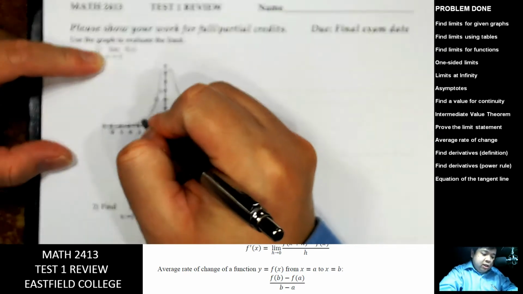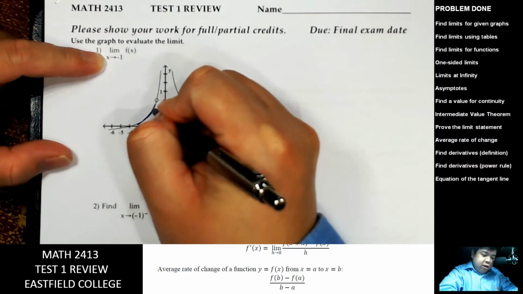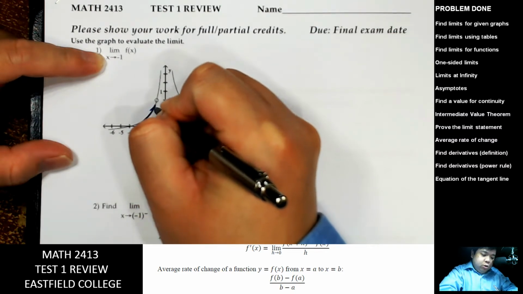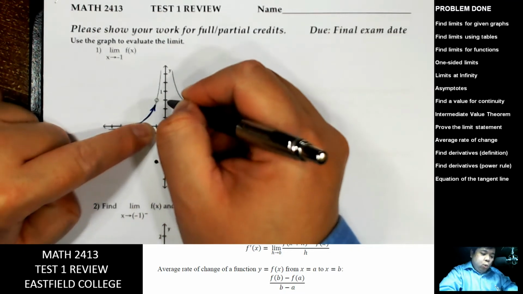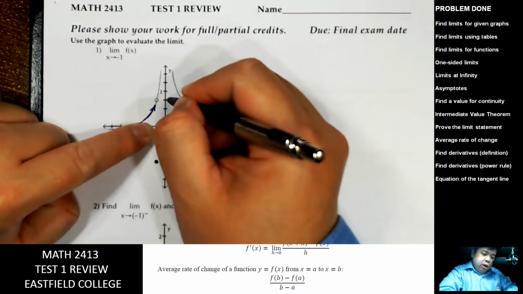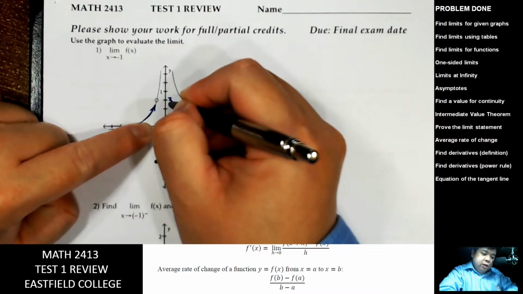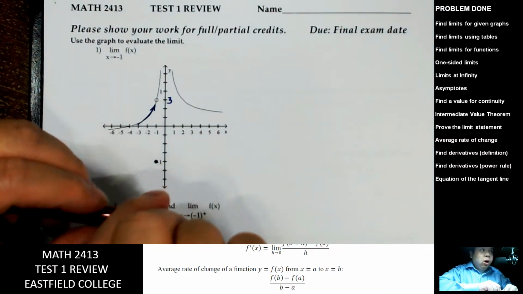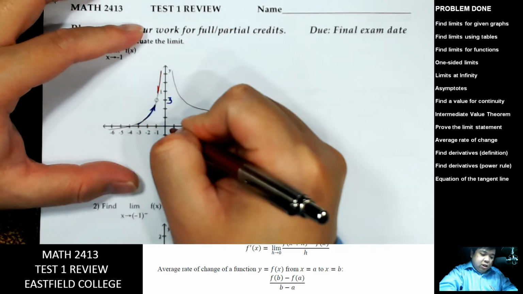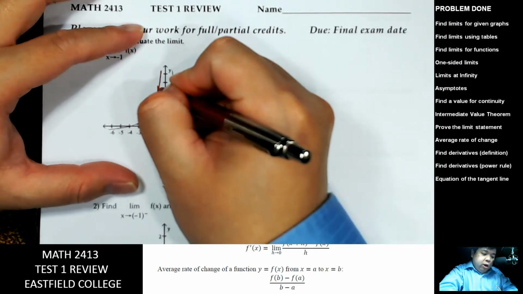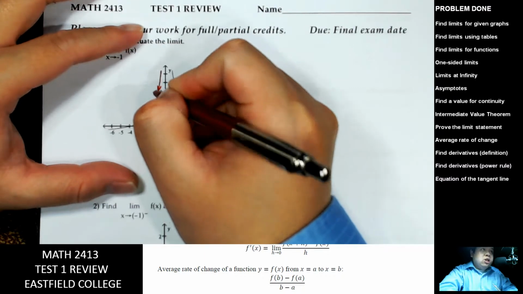So we see that on the left side, when x goes to -1, y goes to that would be 3, and on the right side, when x gets close to -1, y will go to the same point.